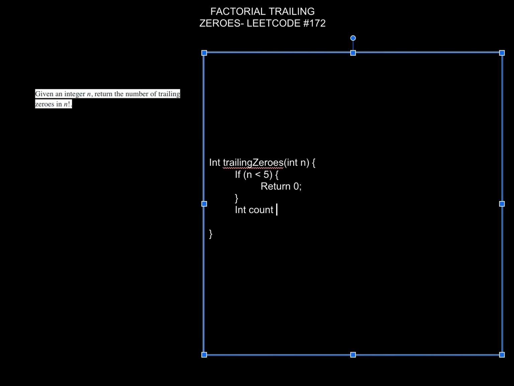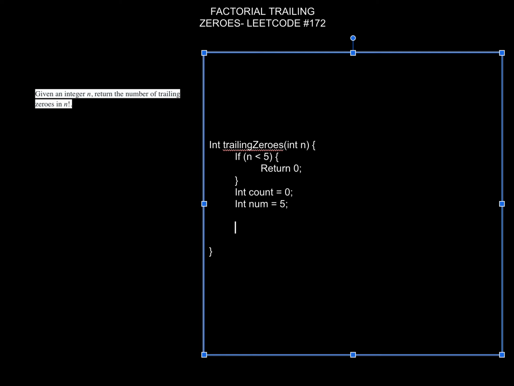Then we could go int count is equal to 0. Then we could create an integer num equal to 5. And the use of num is to divide n at every point in our upcoming loop.